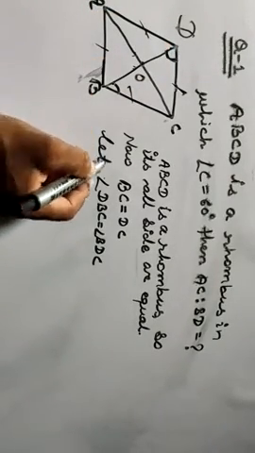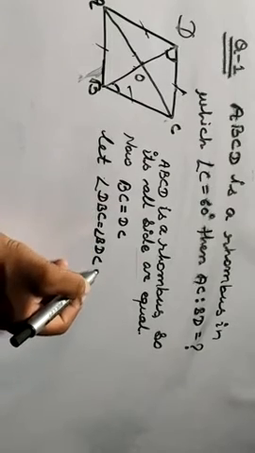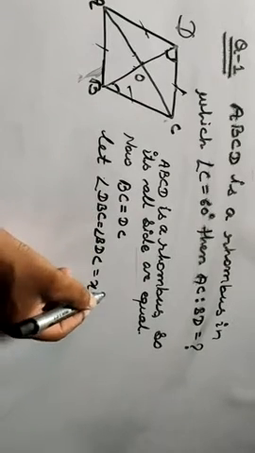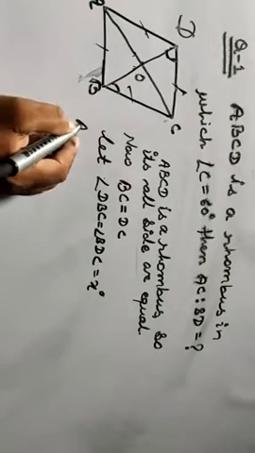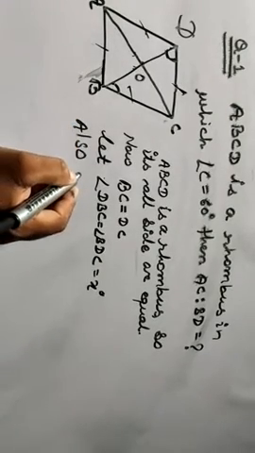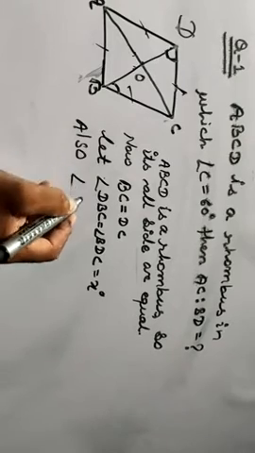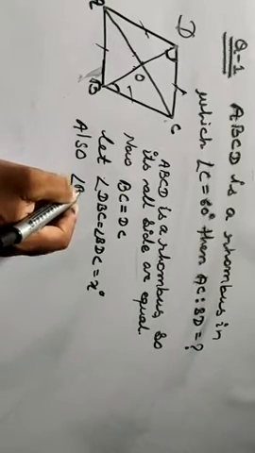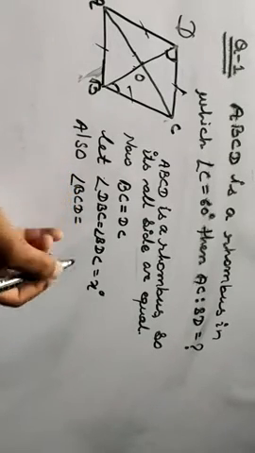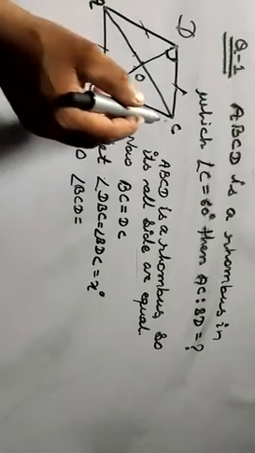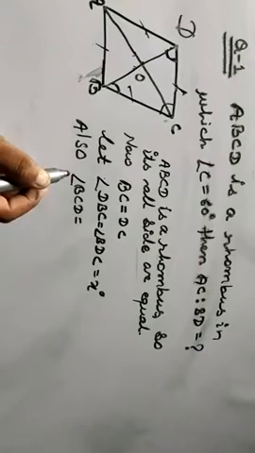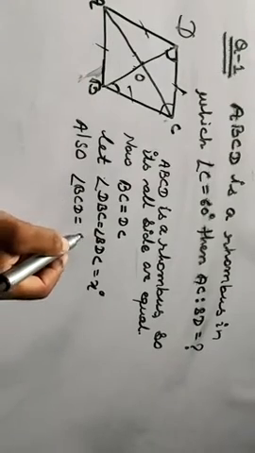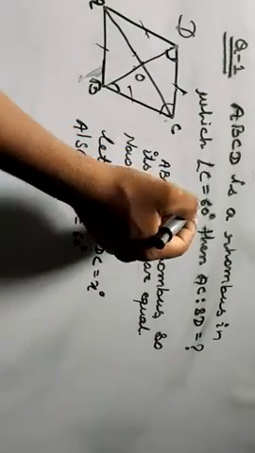Let angle DBC equal to BDC equal to x degree. I am assuming x degree. Also angle BCD is equal to 60 degree, given.